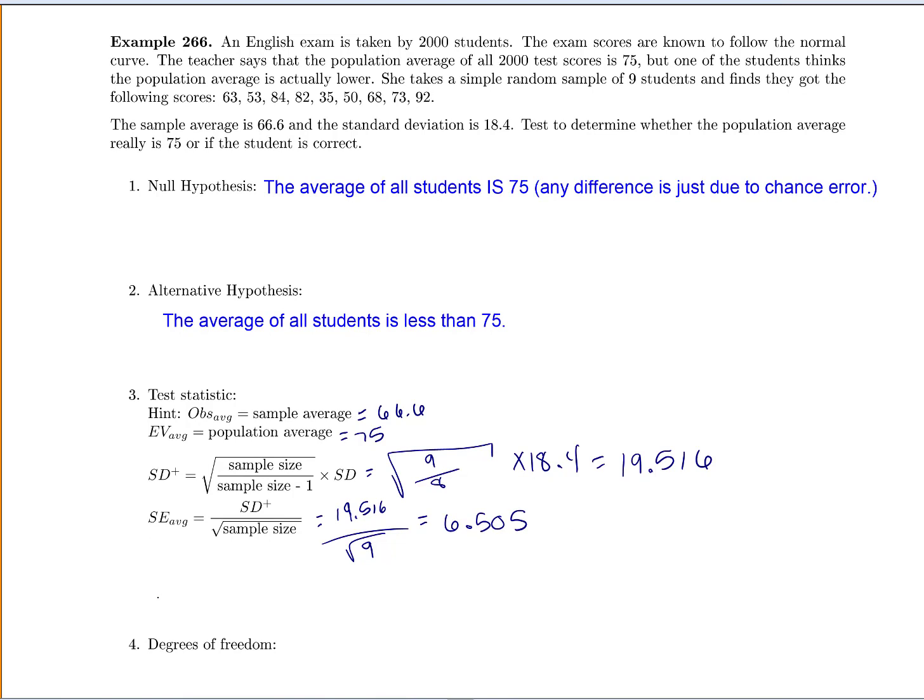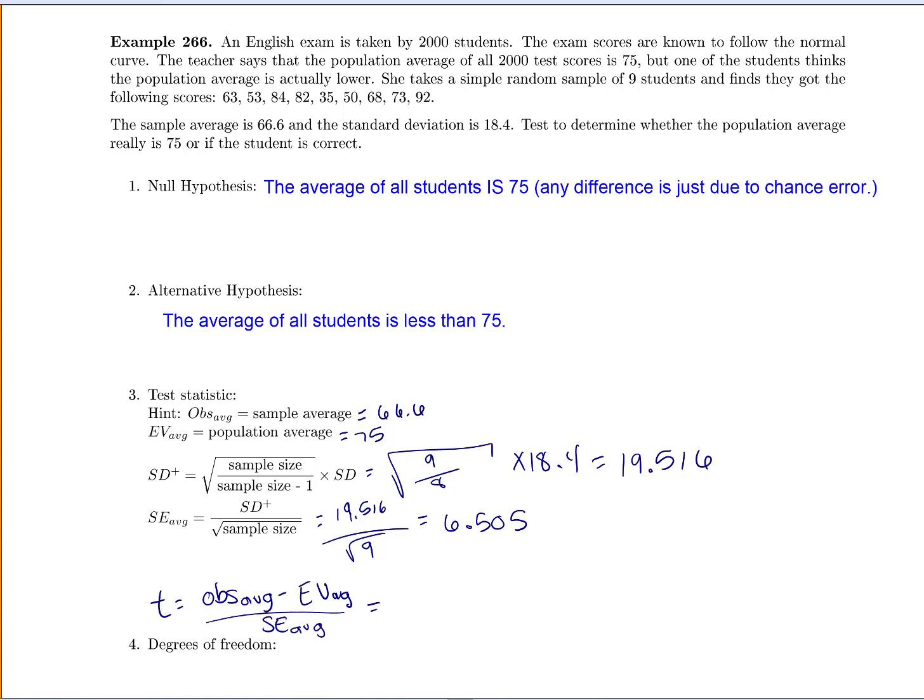Finally, now that we have all of that preliminary work, let's find our t-value. It's going to be equal to your observed average minus the expected value for your average, divided by the standard error for averages.